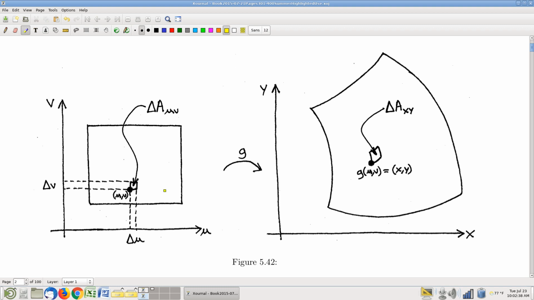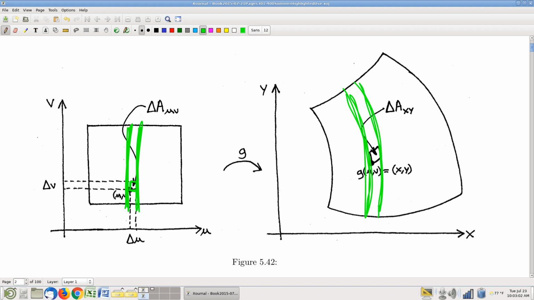Okay. All right. Well, if I were to chop up this domain into little pieces, then correspondingly, as I do chops there and there, there would be chops over here.